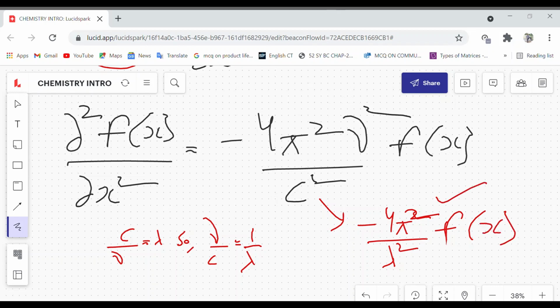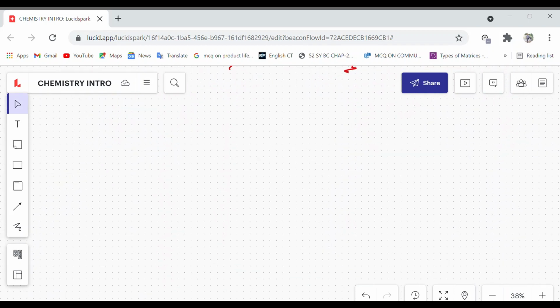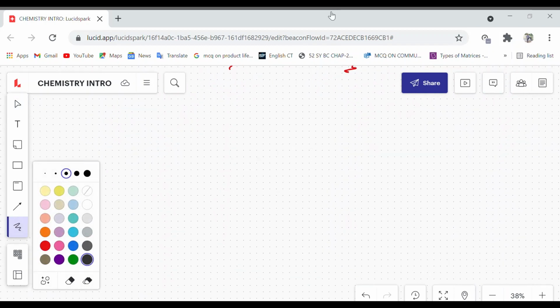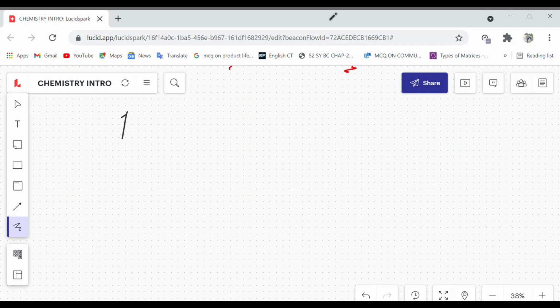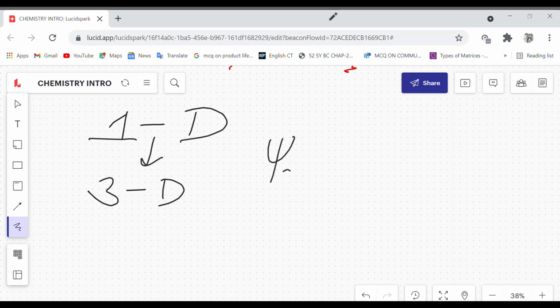So this is basically the thing. Now what we saw till here was only one dimension, but we need to extend this up to 3 dimensions: x, y, and z. So let's move ahead.